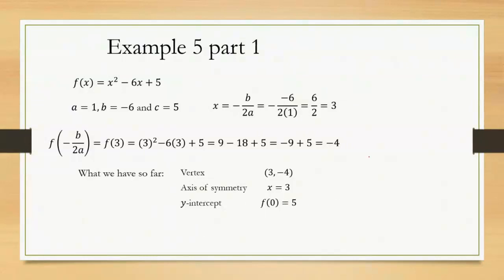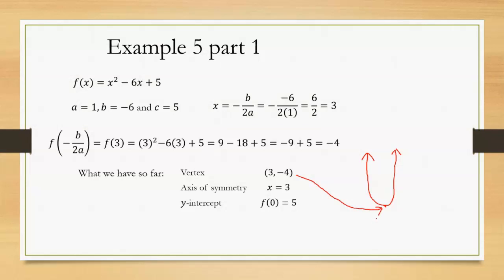We know that A is positive, right? So the graph has to open upward like this, as you can see. Again, how do I know that? Because the A here is positive. Now, since it's opening upward and the vertex is at the very bottom, so the vertex is, let me see if I can draw this, down here.